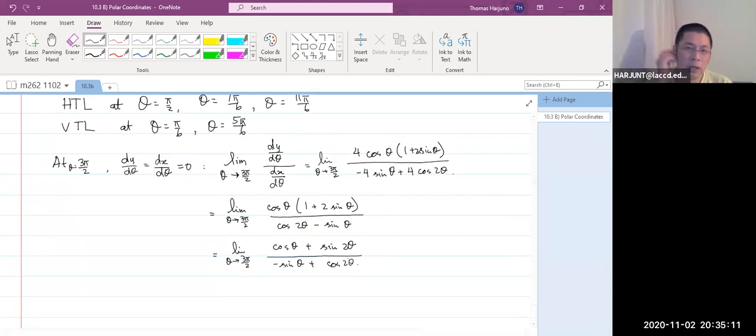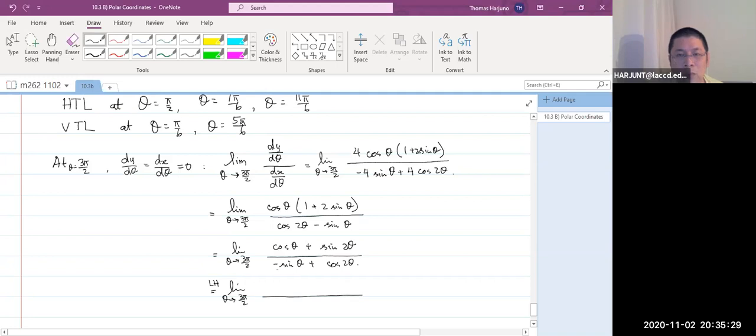Now when I plug in theta equals 3 pi over 2, I get 0 over 0. Then let's try doing L'Hopital. I will get negative sine theta.